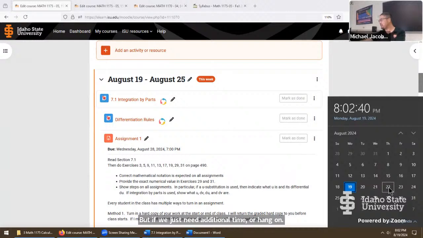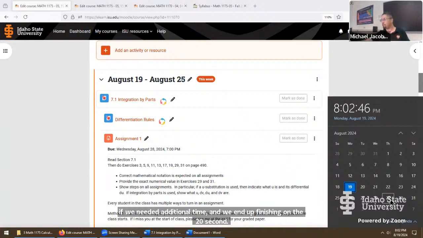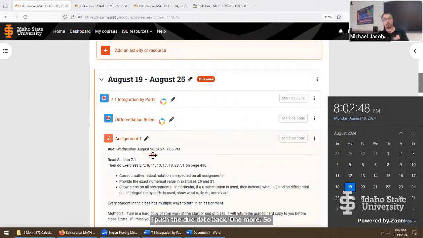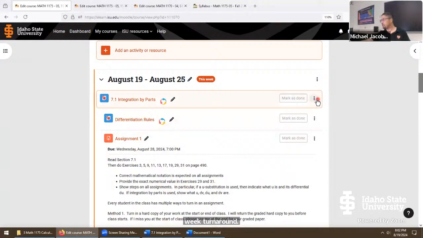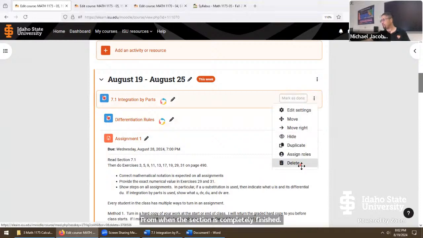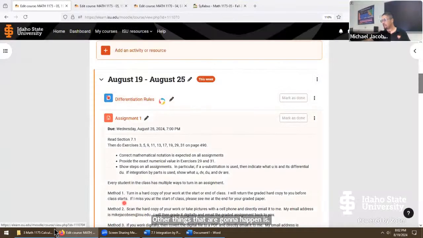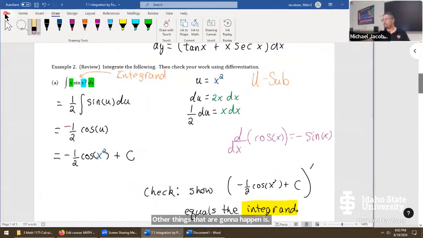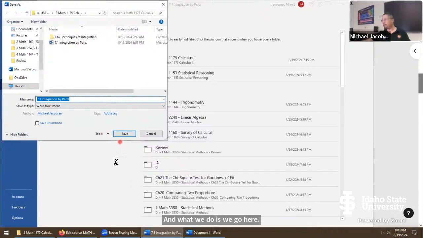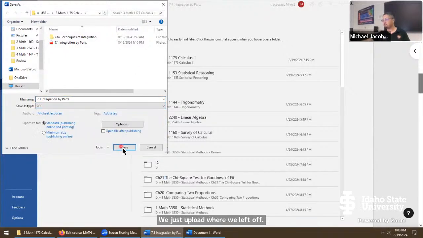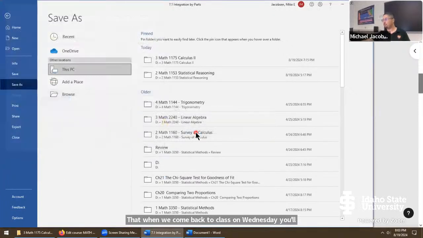But if we needed additional time and we end up finishing it on the 22nd, I push the due date back one more. So I'll reflect the due date so that there's always a 1-week turnaround from when the section is completely finished. Other things that are going to happen is after class, this disappears. And what we do is we go here and we just upload where we left off. That when we come back to class on Wednesday, you'll always know where you're at.